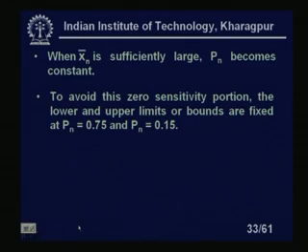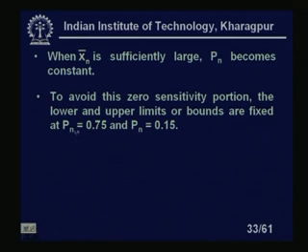To avoid this zero sensitivity portion, the lower and upper limits or bounds are fixed. The normalized output Pn is taken from 0.15 to 0.75, because Pn equal to 0 is not possible.